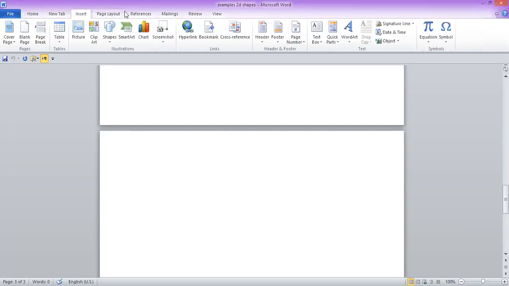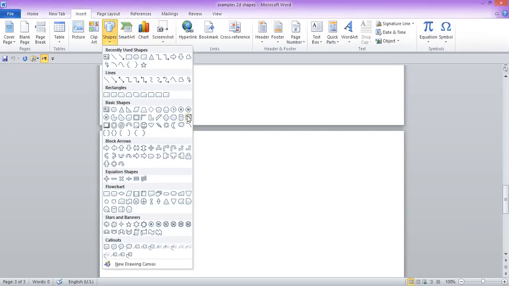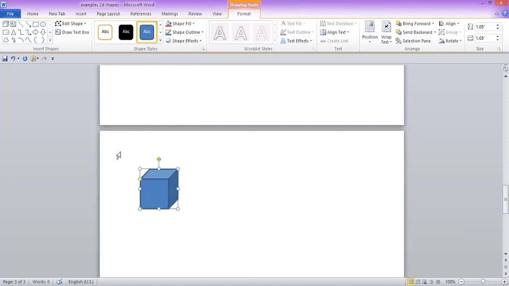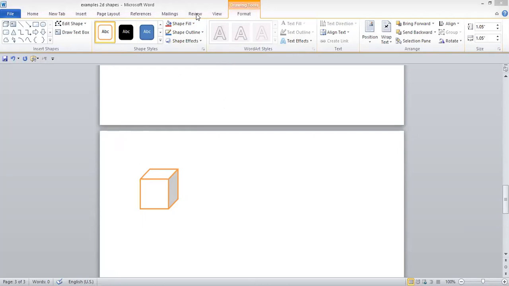So let's draw a cube. This is the cube, guys. Can you see the cube?